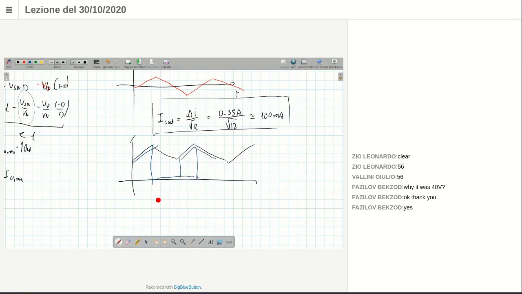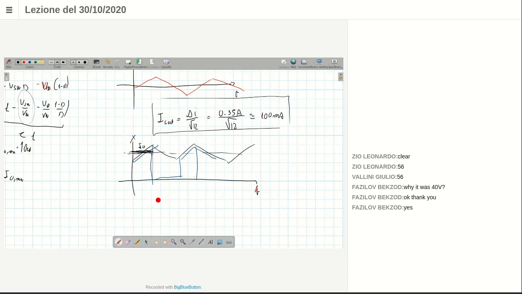Again, we can assume that, neglecting the ripple, this is about IO.